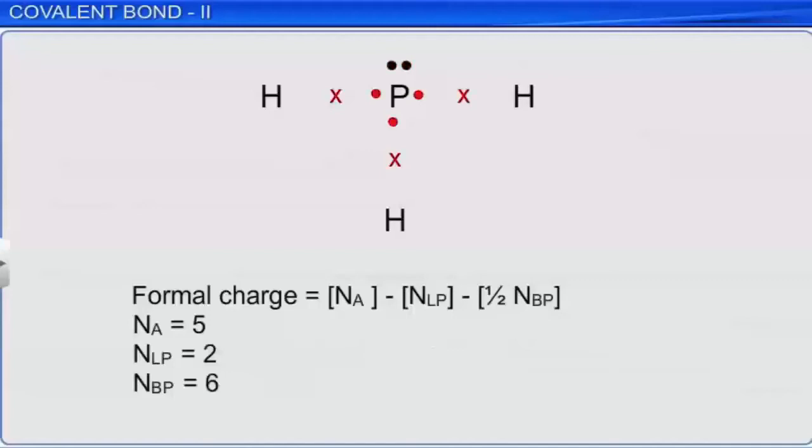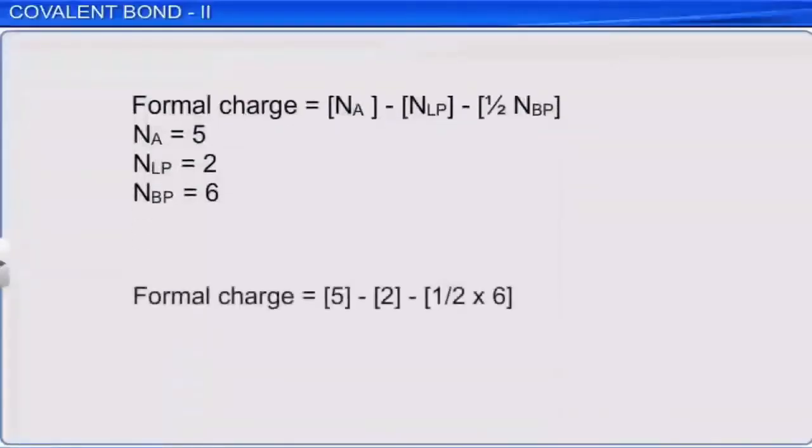There are 6 shared electrons among 3 hydrogen atoms and 1 phosphorus atom. Therefore, the formal charge is 5 minus 2, minus half of 6, which is 3.